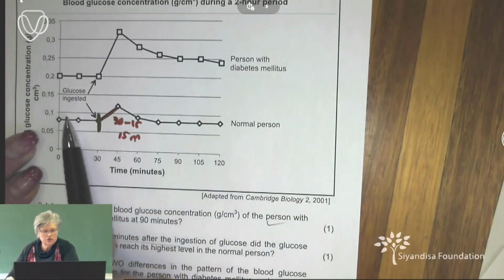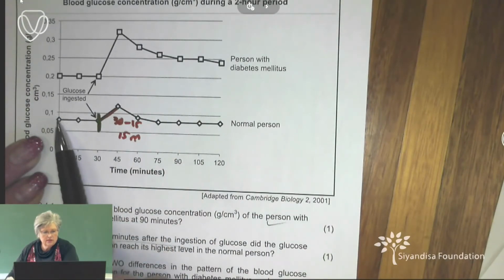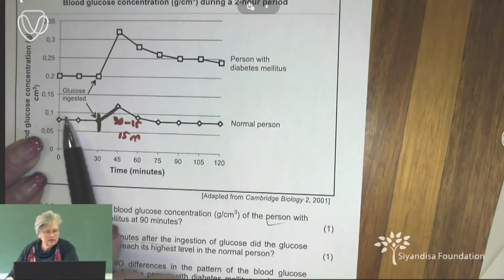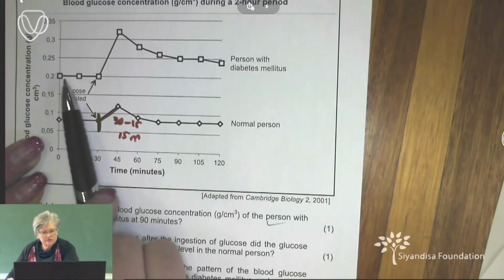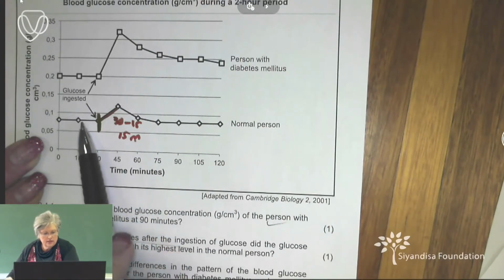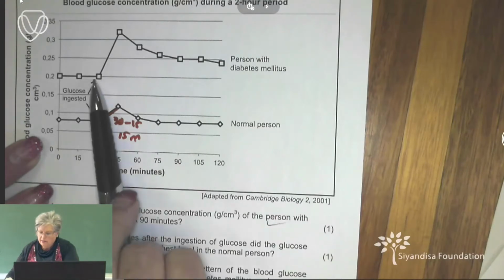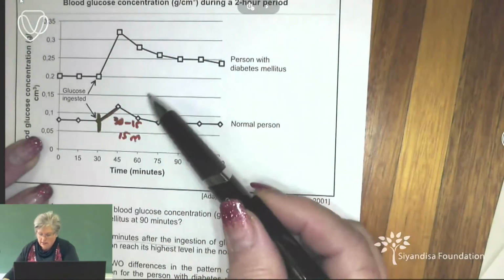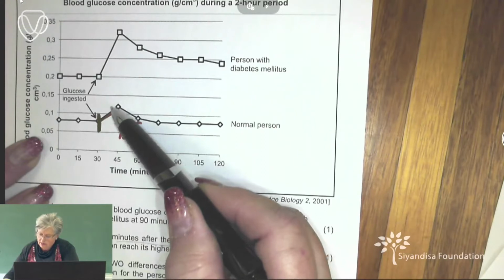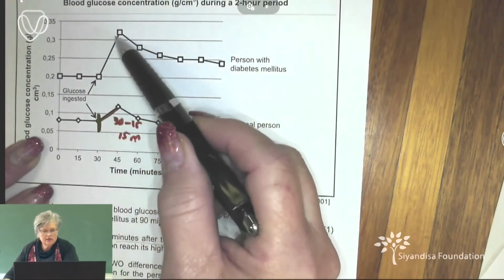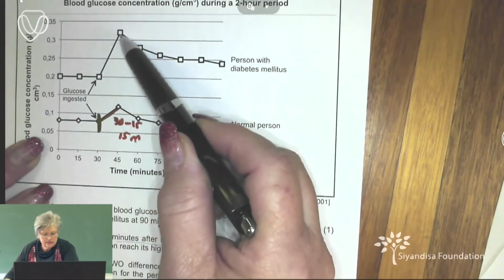It started at 2, while this one started at 0.08, something like that. So this is the first difference. That one was already higher than this one. Okay. Then there's a higher increase. The increase from there to there and the increase from there to there is a bigger increase.